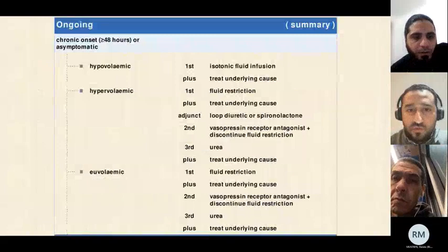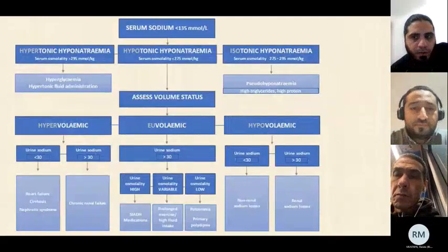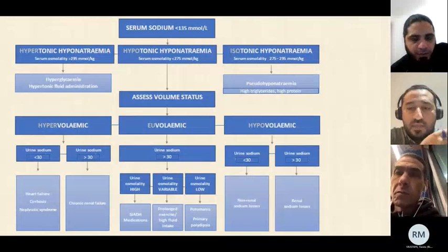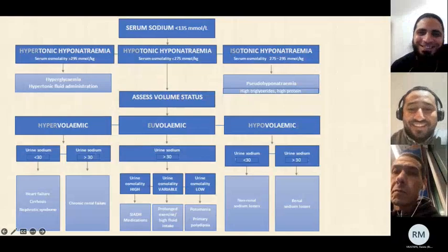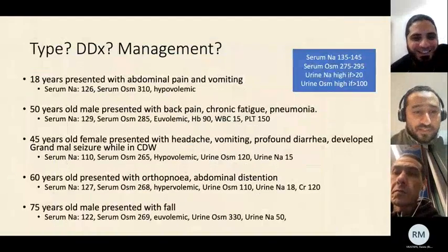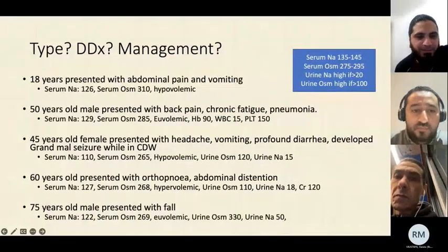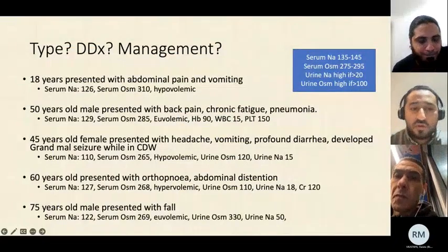I can go back to the flow chart again. It's probably volume loss from her vomiting and diarrhea. Yeah. I don't know which category she falls in. So back to the case here. We have severe hyponatremia, which is probably the cause of her seizure attack.